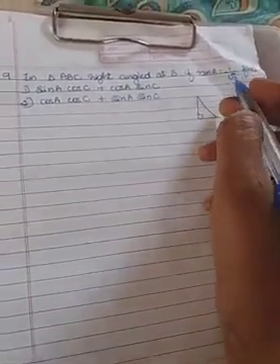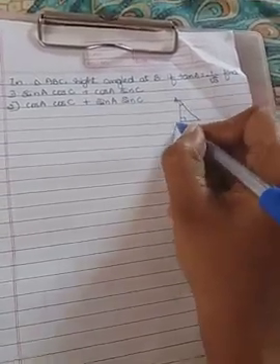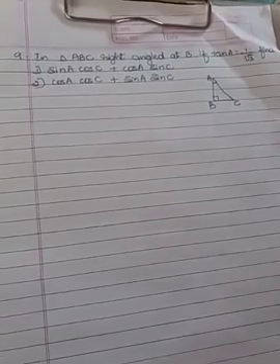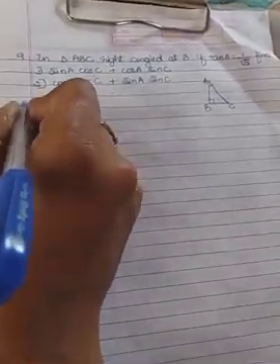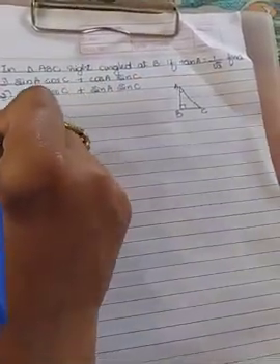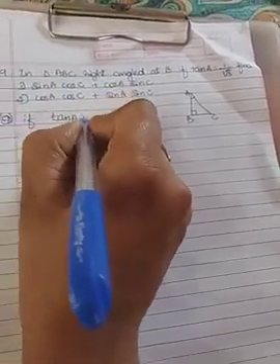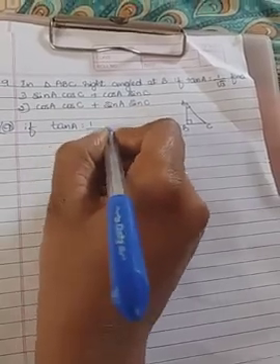If tan A equals 1 by root 3, A is given, I mean A is the angle, trigonometric angle. Find sin A cos C plus cos A sin C, and cos A cos C plus sin A sin C. Let us take the first one. Before that we have to calculate the remaining. Tan A equals 1 by root 3, this is given.